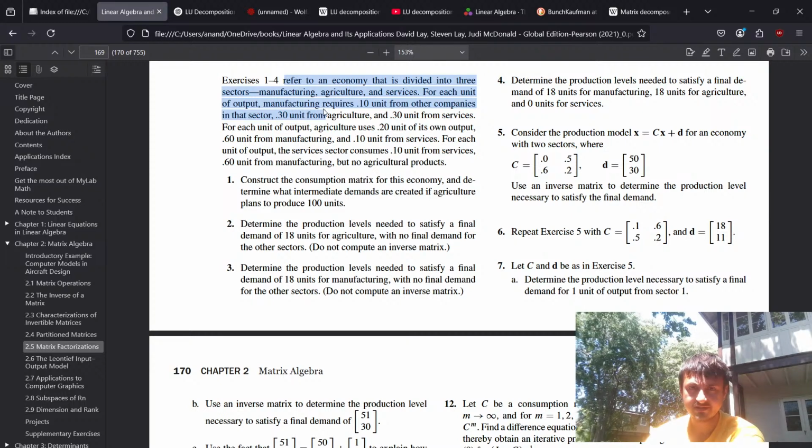So the consumption matrix is 0.1, 0.3, 0.3, 0.6, 0.2, 0.1, 0.1 at the bottom, 0.6, 0.